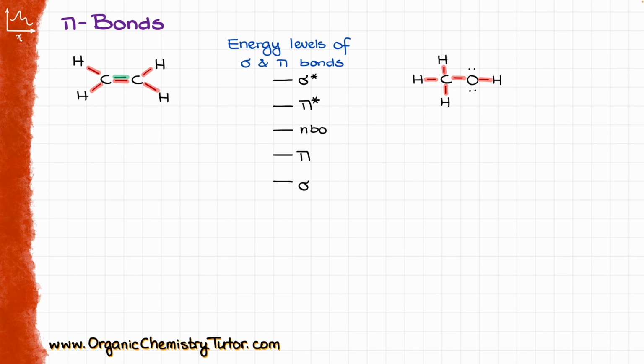So for our purposes, what you do want to remember is that when it comes to our molecular orbitals, this is the general trend in the energy of the molecular orbitals. At the very bottom, we have our sigma bonds, then we have our pi bonds, then we have our non-bonding electrons, then we have pi star, pi anti-bonding orbital, and then finally we have a sigma star, sigma anti-bonding orbital.